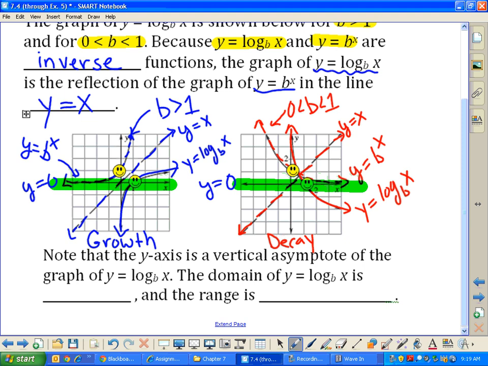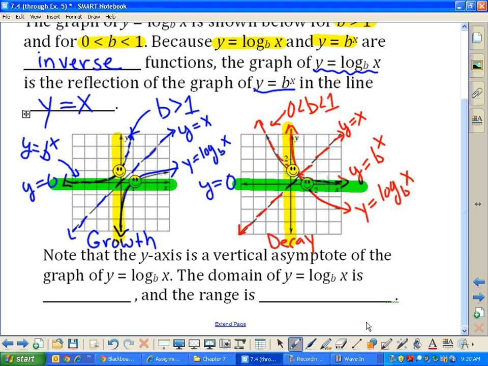You get really, really close this time around to the y-axis, but you don't actually touch it. We said at the very beginning of this section on logs, you can't take the log of a negative number, and that's kind of why. You're never going to see your logarithms unless you translate them over here in negative land. So we get really, really close to the line x equals 0, but we don't actually touch it.